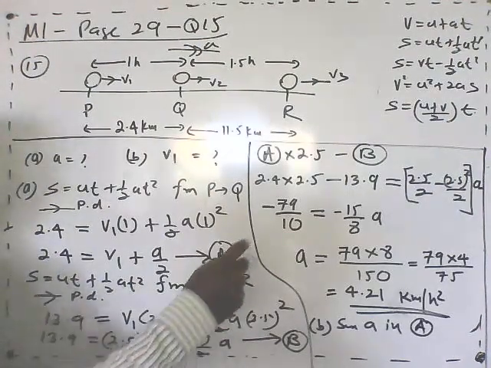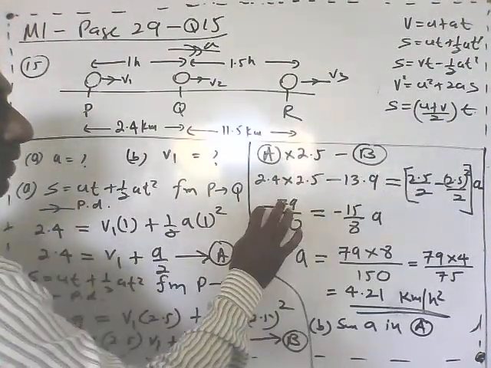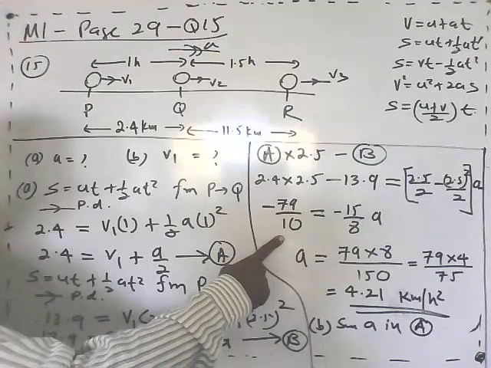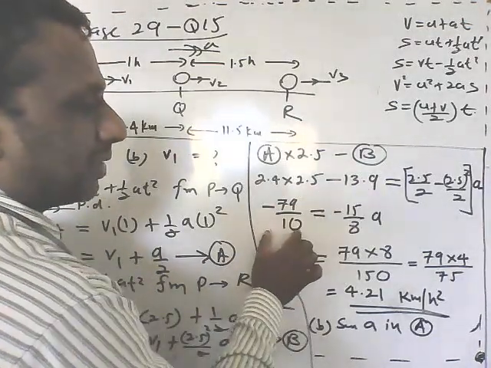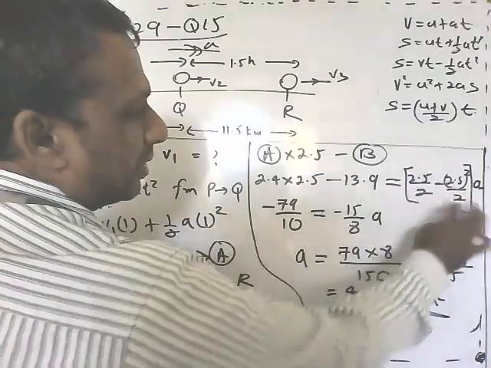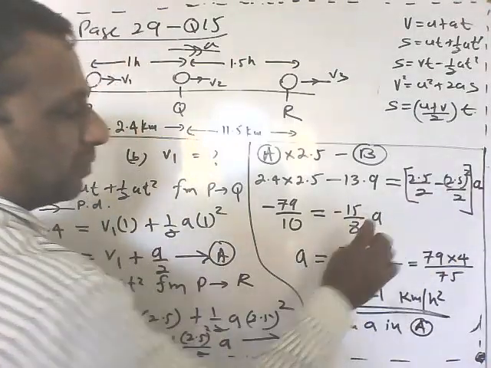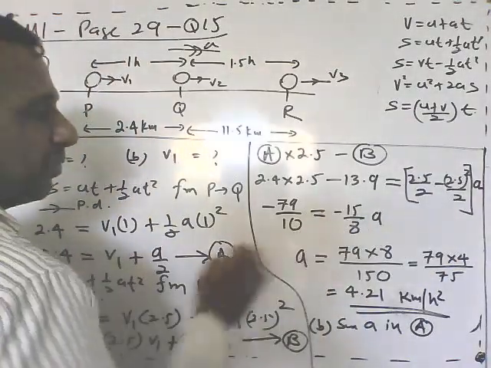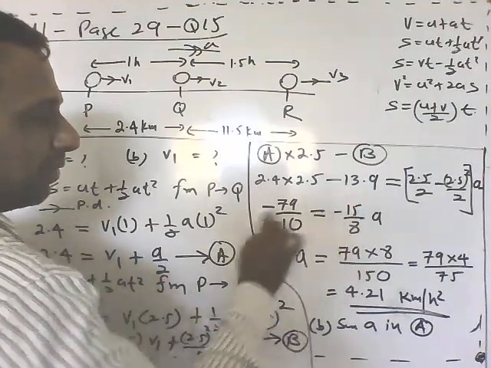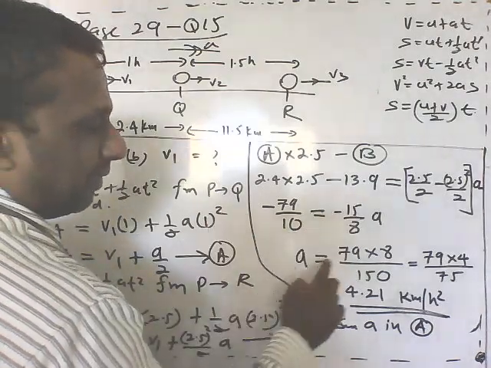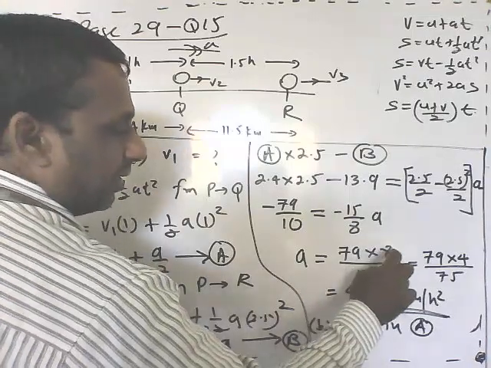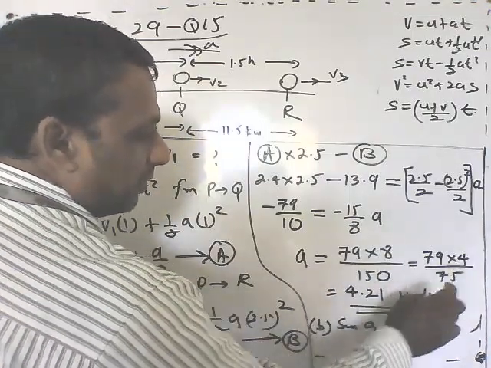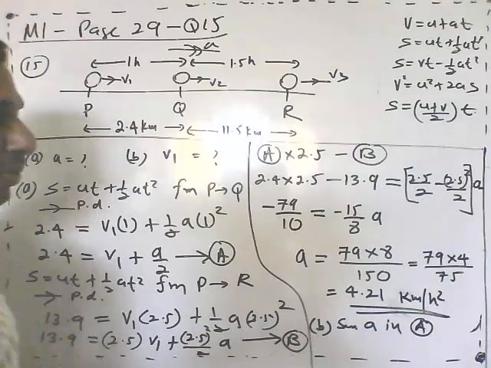Right, so for LHS we get minus 79 over 10. And when you simplify the coefficient of A, you will get minus 15 over 8. When you cross multiply and bring it to the other side, A will be 79 into 8 over 150, and we can divide this by 2, then this will become 316 over 75.